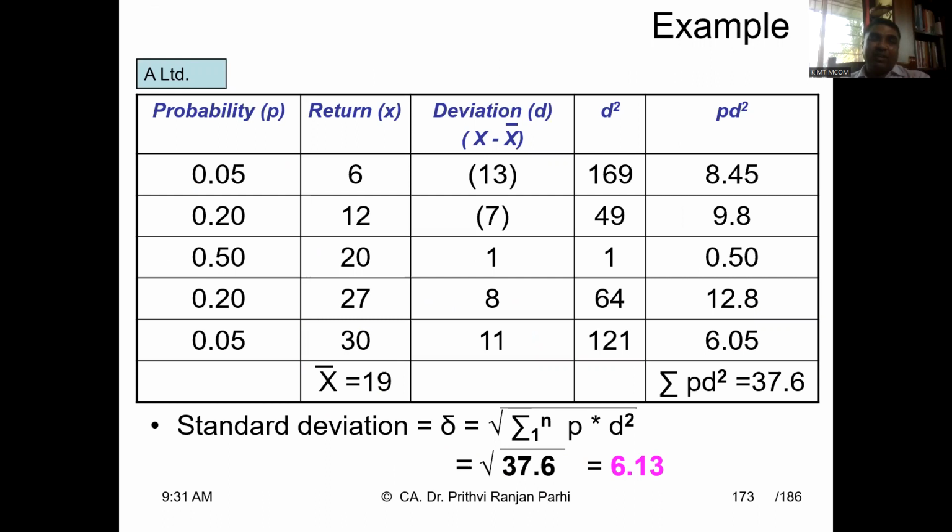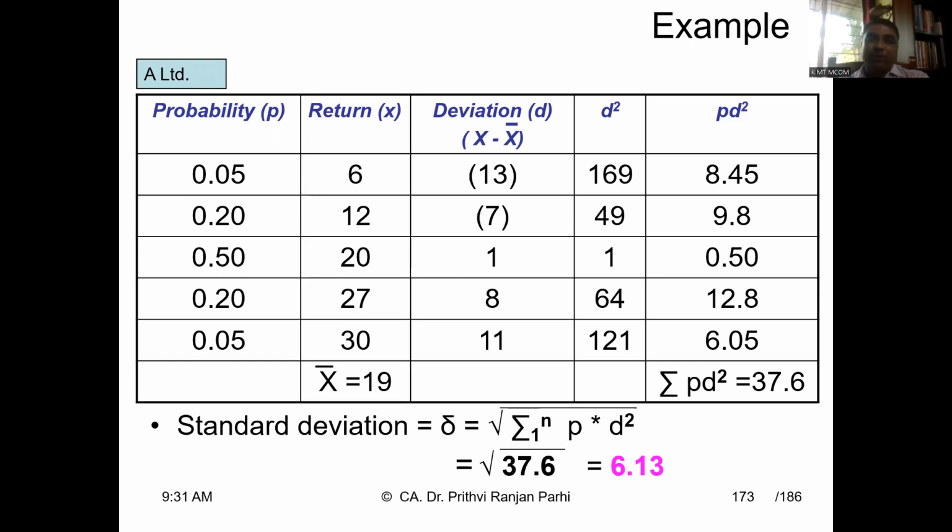These are the possible returns: 6, 12, 20, 27, 30. The probability of each return is given in column 1: 0.05, that is 5%; second is 0.2, that is 20%; third is 0.5, that is 50%; then again 0.2, and 0.05. So these are the probabilities, these are the returns.